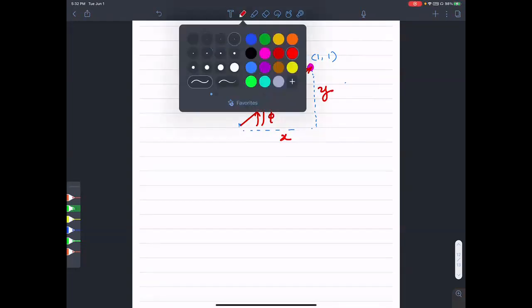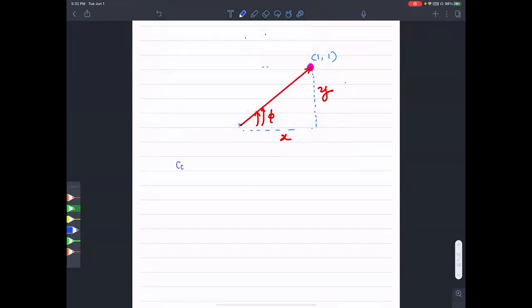Then it's straightforward to see that cosine of phi, and let's call this square root of x squared plus y squared, is the adjacent side to phi divided by this guy. Let me simply call this the amplitude A.